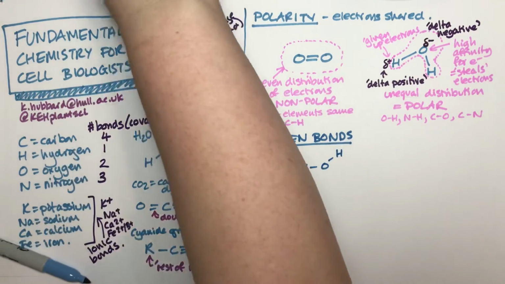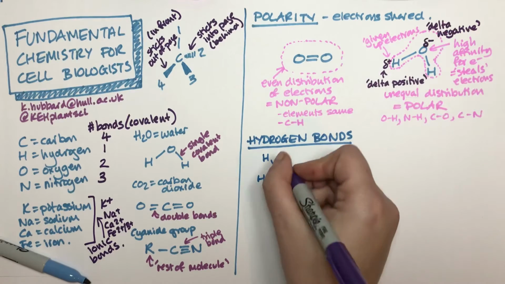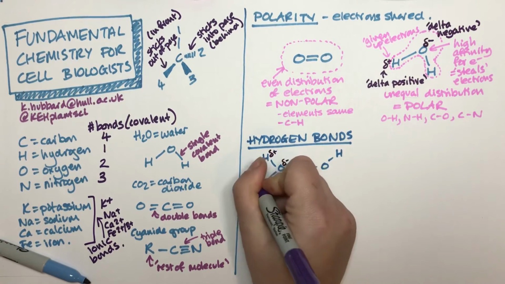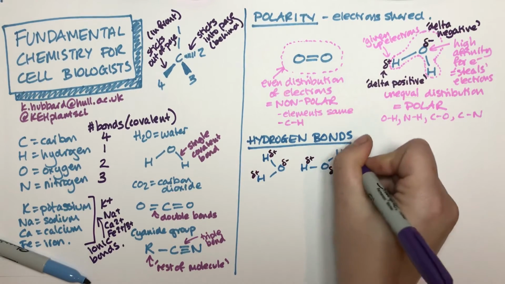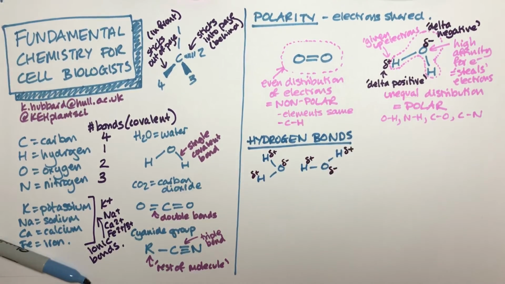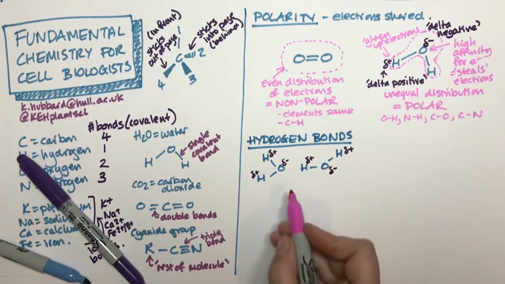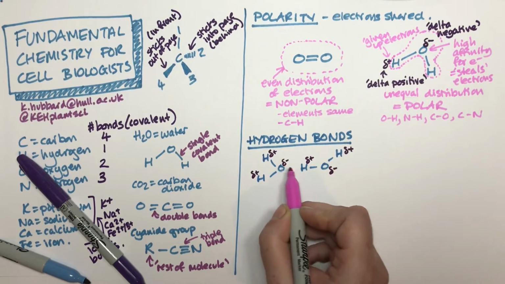Right, so they're both H2O. And if we draw on our delta negatives and positives, so the oxygen is delta negative, the hydrogen is positive, and again that's positive, negative, positive. Okay, so both of these are polar molecules.